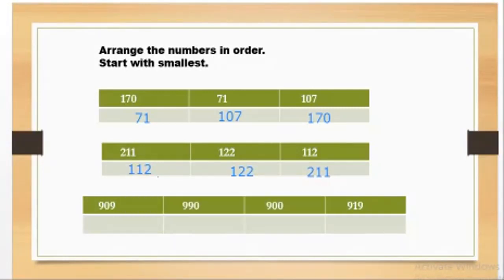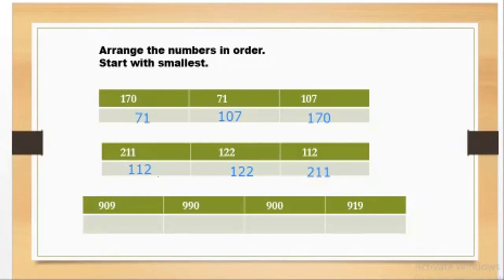The first one. Yes. So let's move to the next one. That is only 900. So which is smaller, 900 or 909? Yes, this is the smaller number, 900. And let me compare the last two numbers, 900 or 919.